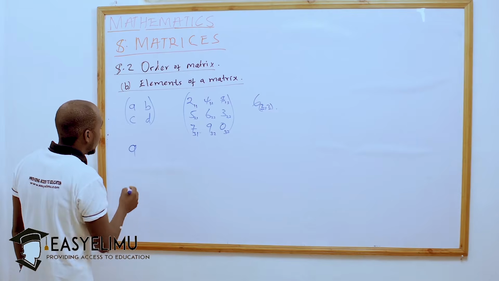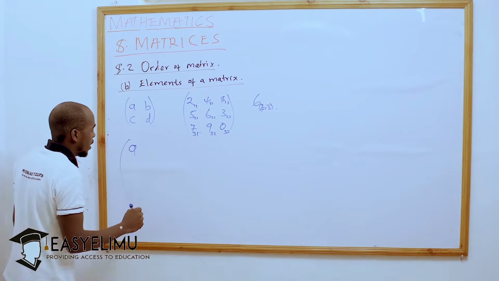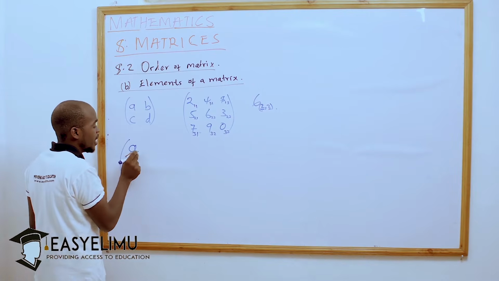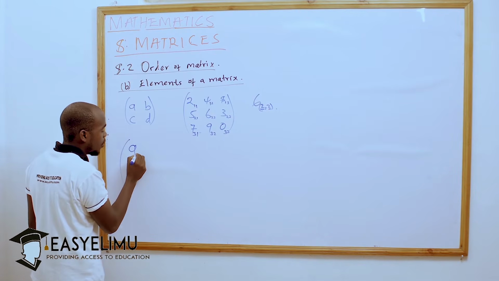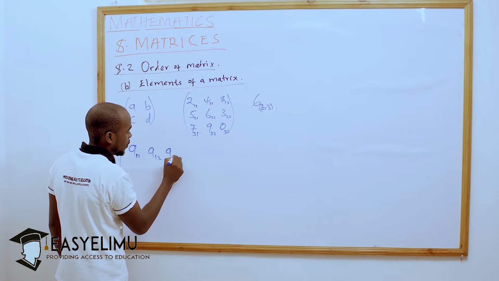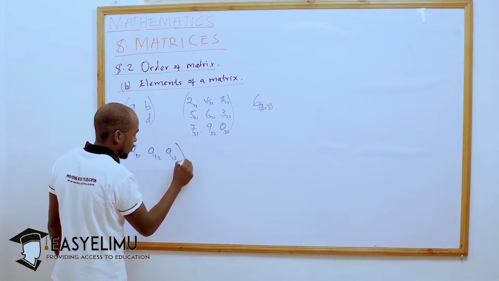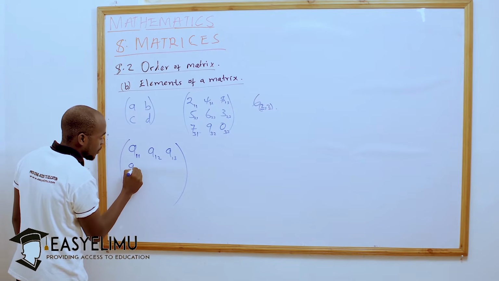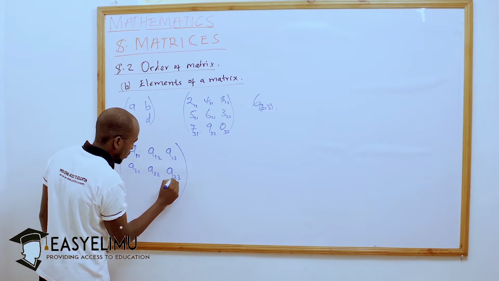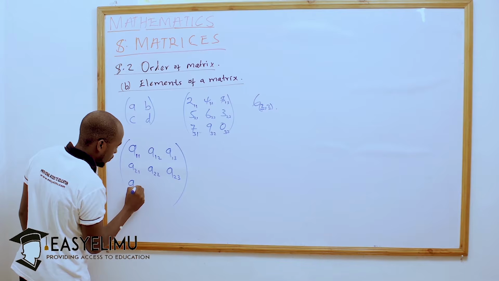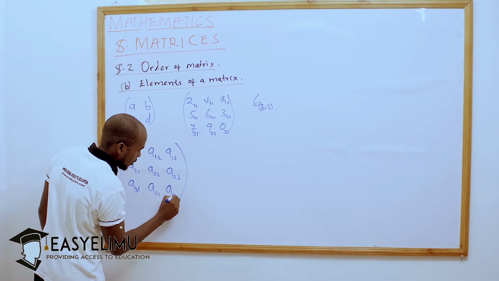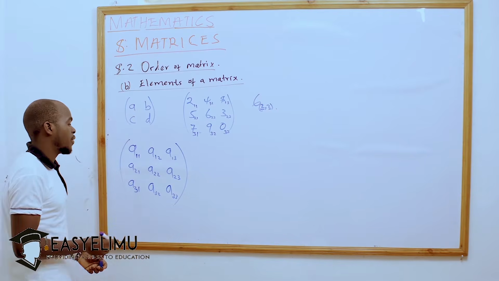So meaning that if we want to assign positions to given elements in a matrix, then if it is A, it will be A11, A12, A13. If it is a 3 by 3 matrix, for example, we are going to have A21, A22, A23, A31, A32, A33. So this is what we are going to have.